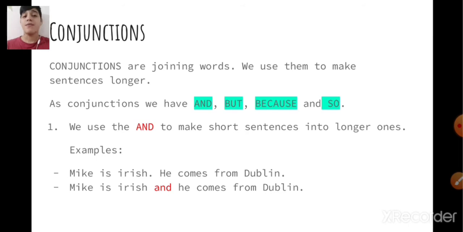He comes from Dublin, period, okay? But how to make only one sentence longer than normal? We need to use the conjunction, or the joining word. In this case it is and. We are going to join the 2 sentences. We are going to say, Mike is Irish and he comes from Dublin.